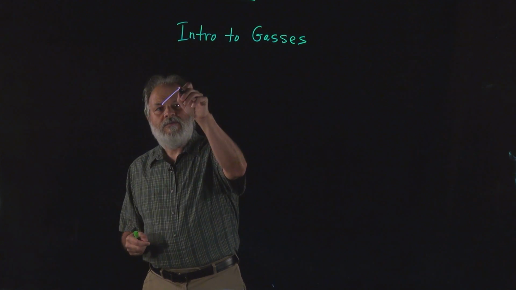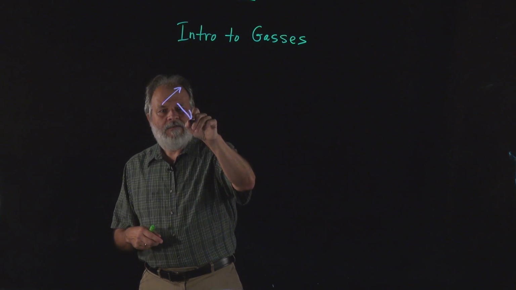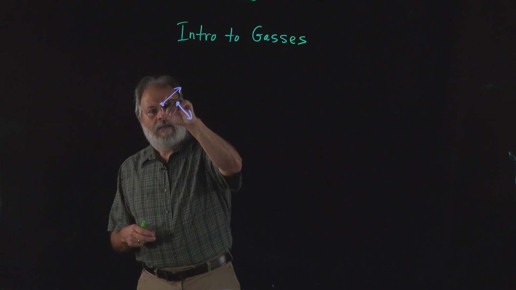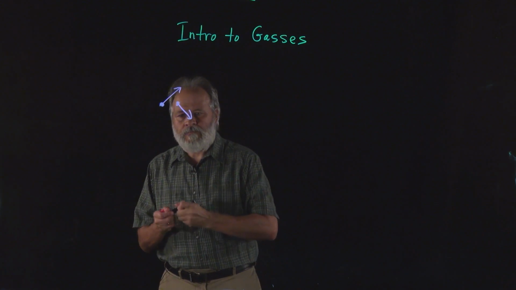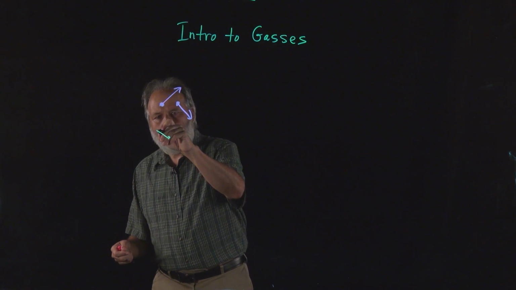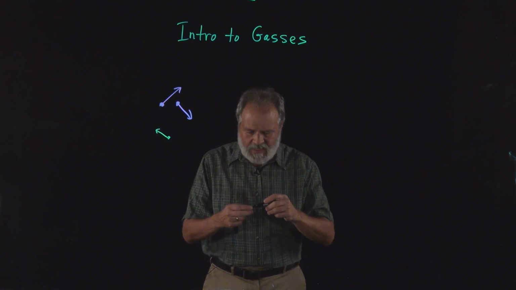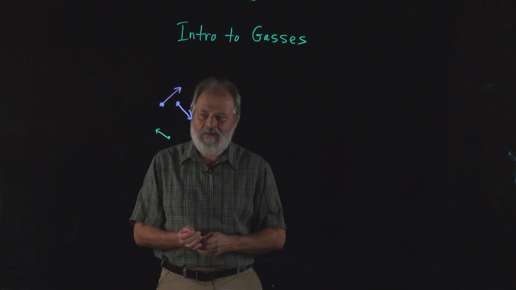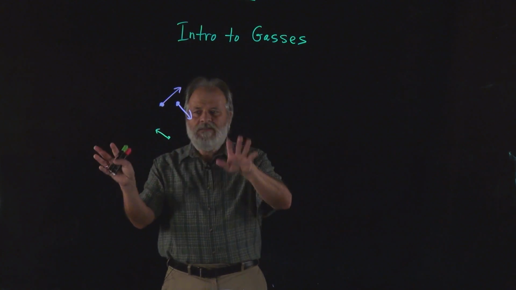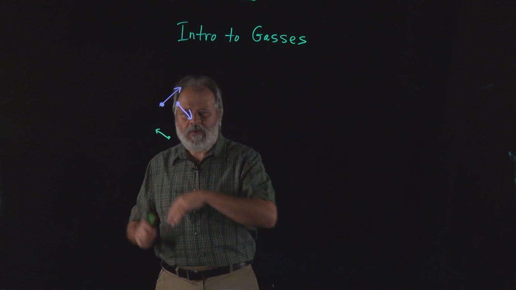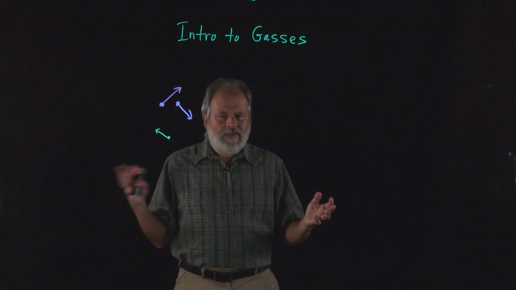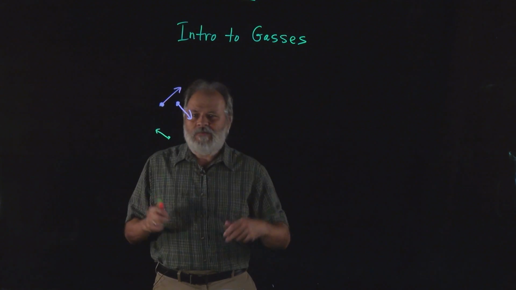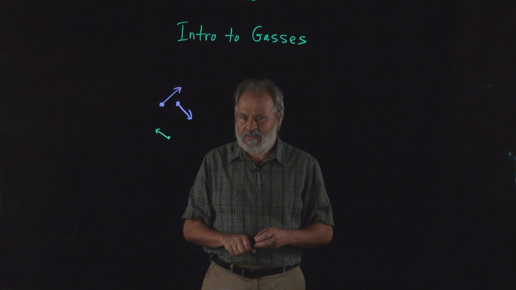So gas molecules are zooming around in different directions and at different velocities. Some are going slow, some are going fast. Since there's mostly empty space, they go a while before they actually collide with another one. When they collide with another molecule, they bounce off in different directions with different speeds and velocities.